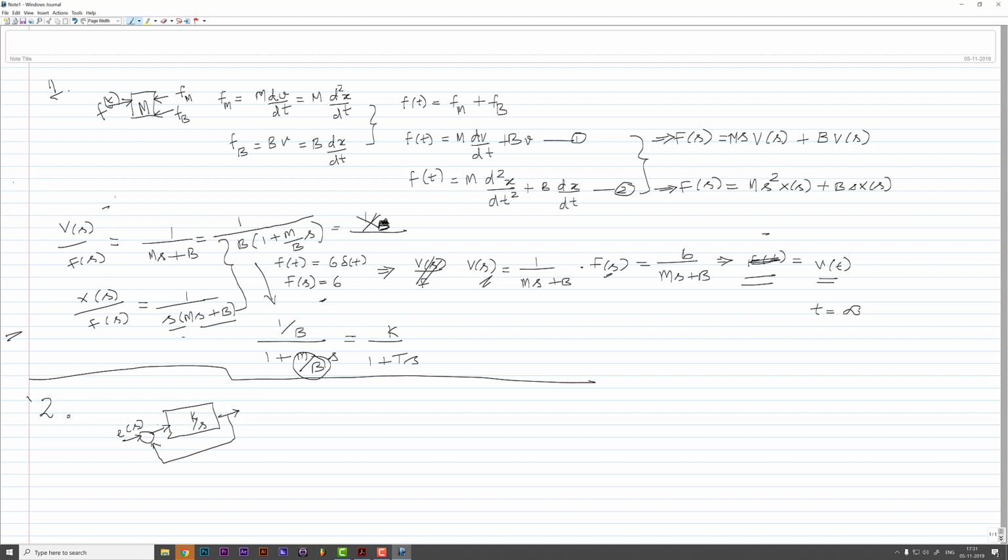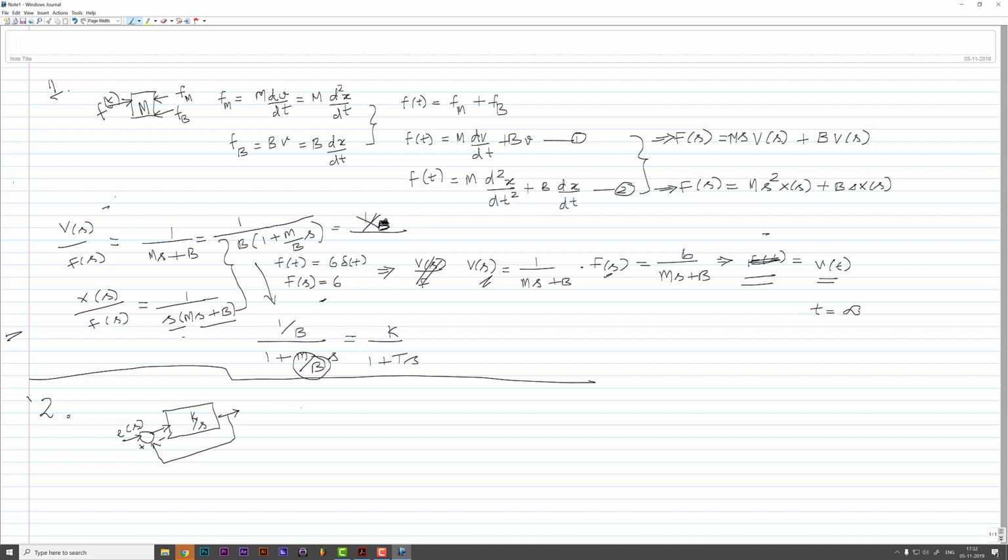This is plus and this is minus. The question is to find the unit step response and unit impulse response.